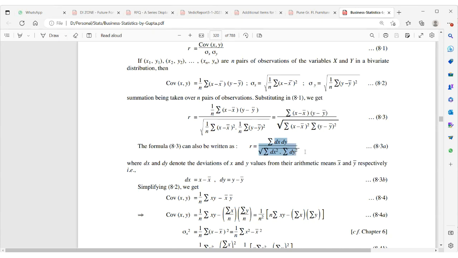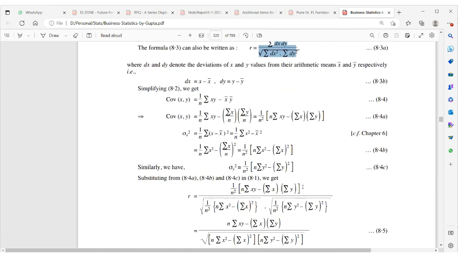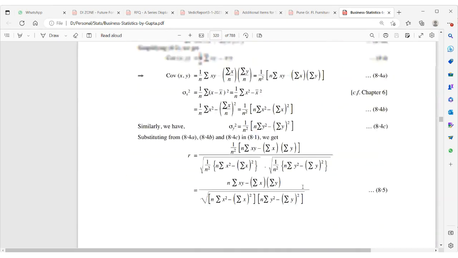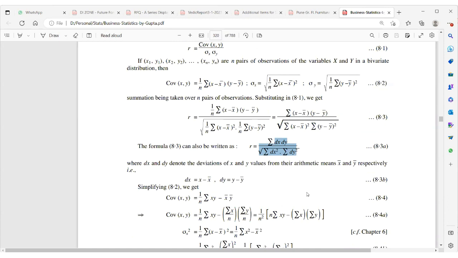Now for the shortcut, we can write the formula like this.